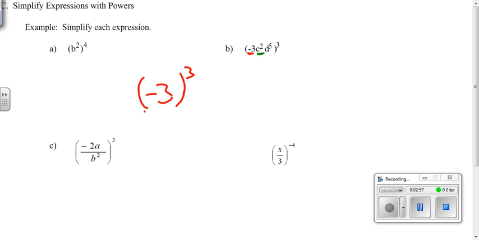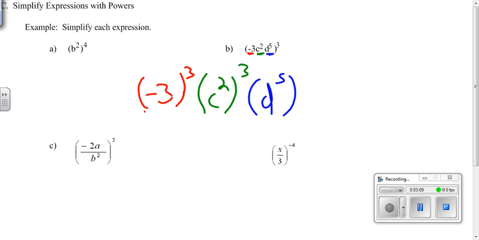We also have our first variable of c already being c squared, but we are taking it to the 3rd power. And we have our variable of d to the 5th power, again still being taken to the 3rd power. So each of our pieces, our constant, our c variable, which is c squared, and our d variable, which is d to the 5th, each are going to our outside power here, which is 3.